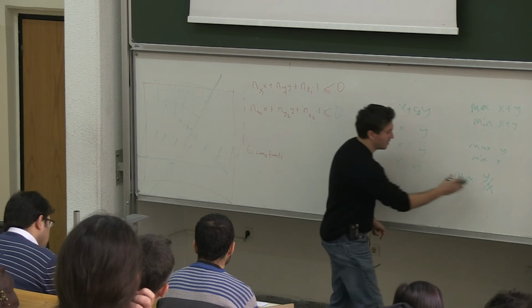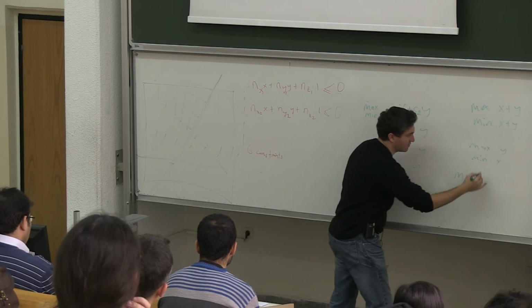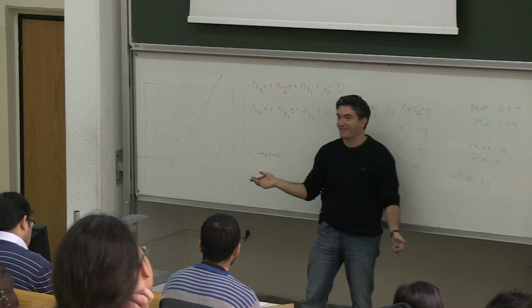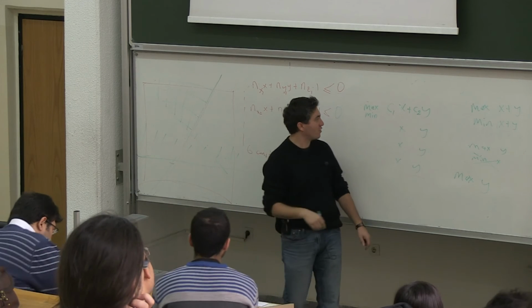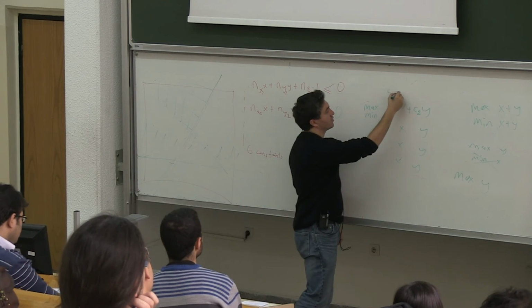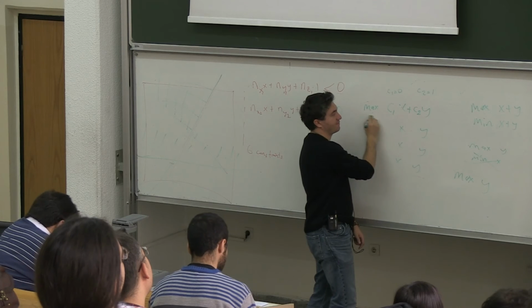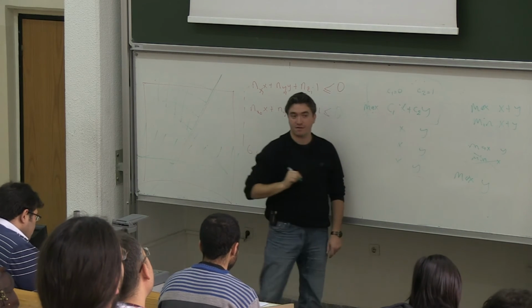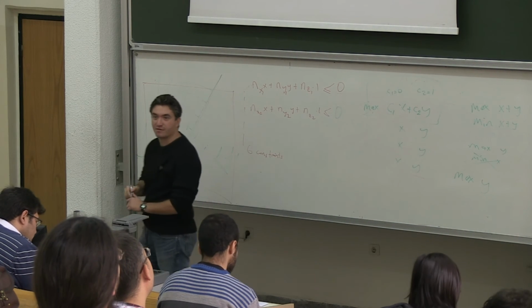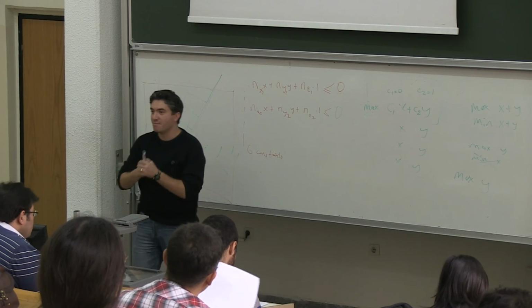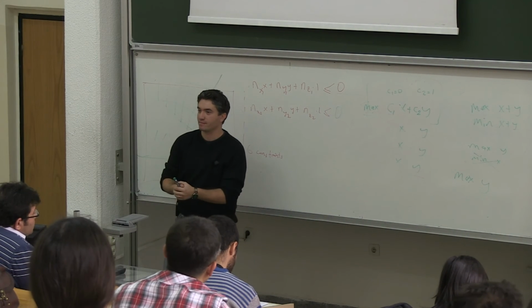Or you can just forget about minimizing x. You can just say maximize y, okay? This corresponds to C1 equal to 0, C2 equal to 1 in this objective function. Out of all the solutions, pick the one which has the maximum y coordinate.